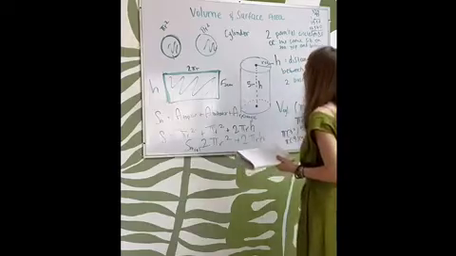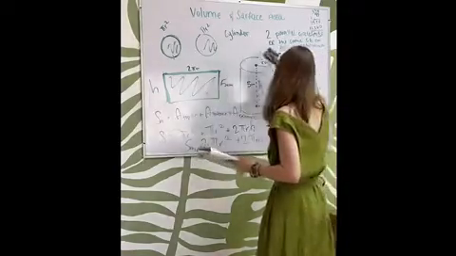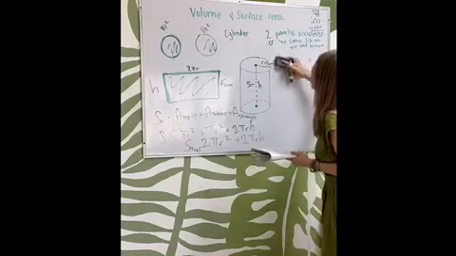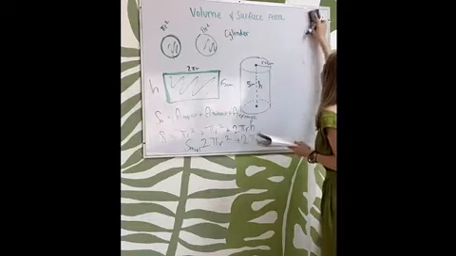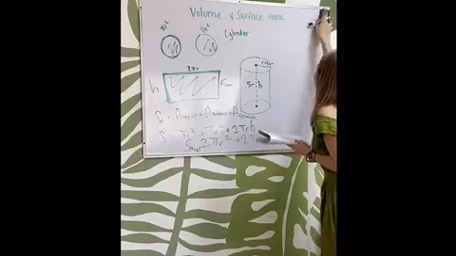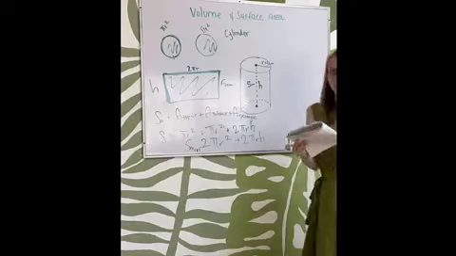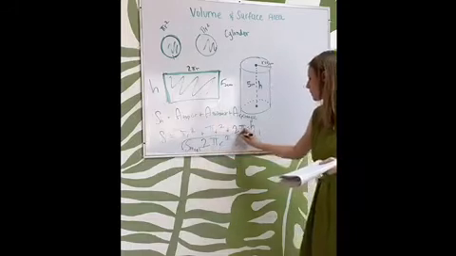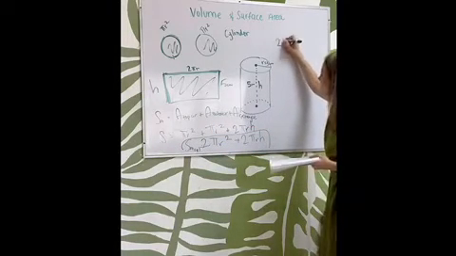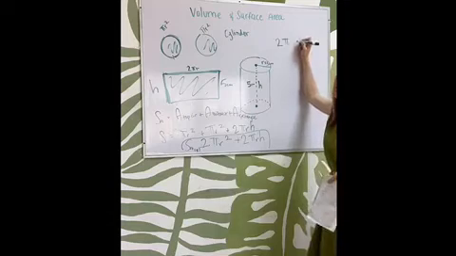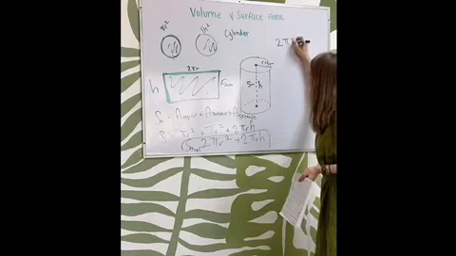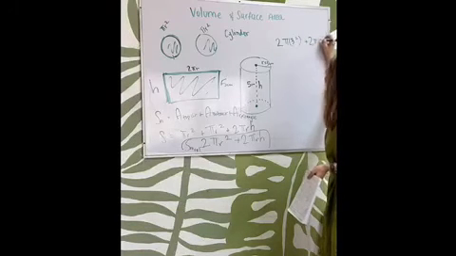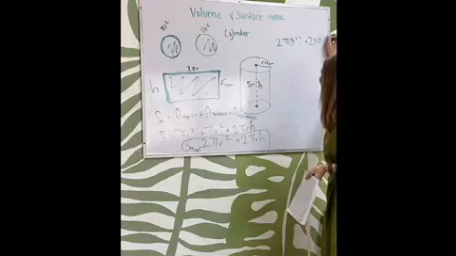So, guys, let's calculate the surface area for this specific one here. Okay, so we're going to take this simplified formula here. So 2 times pi times the radius squared. The radius is still 3, so times 3 squared plus 2 times pi times 3 times 5 for the height.